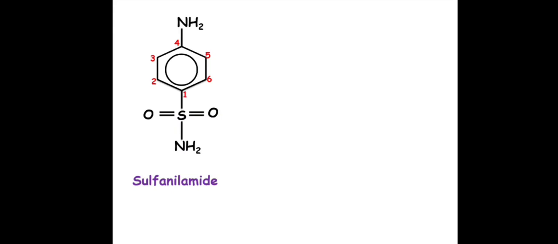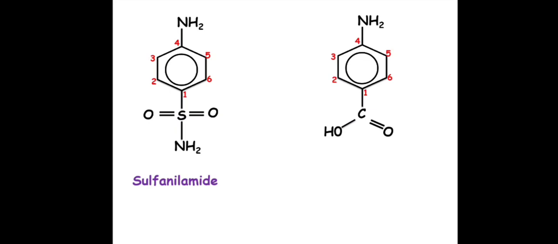Now this is our sulfanilamide which we saw just now, and this is another compound which looks almost similar to sulfanilamide. The name of this second compound is PABA. Okay, so you can see there is some kind of structural similarity, which we call a structural analog. That means these two compounds are competitive antagonists of one another.